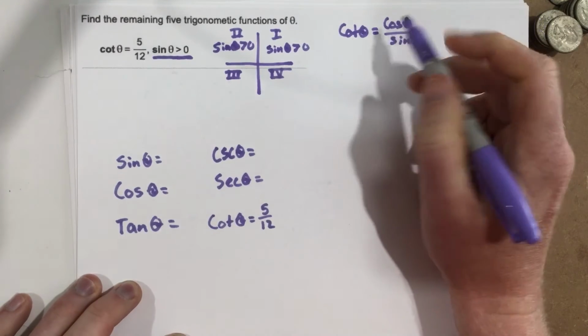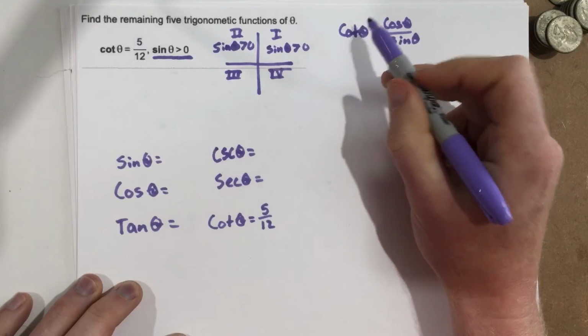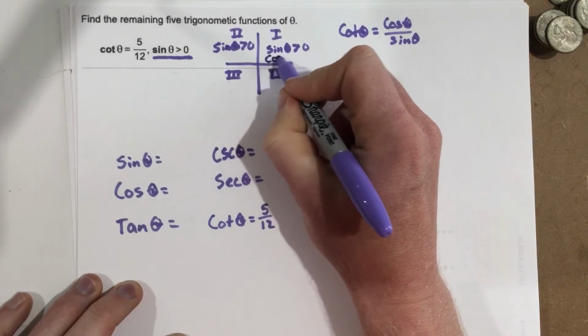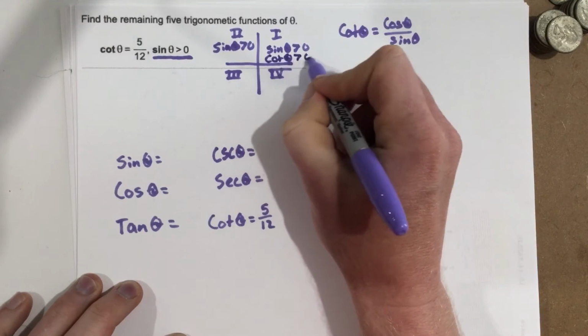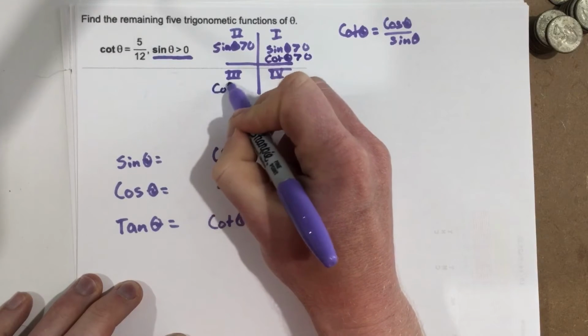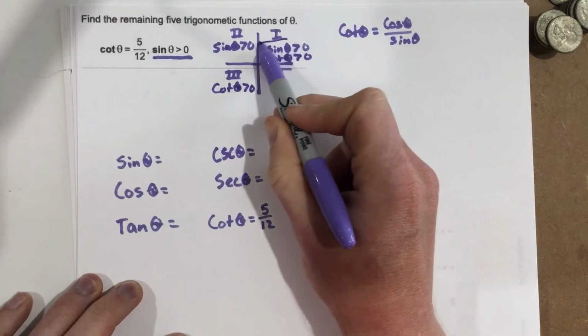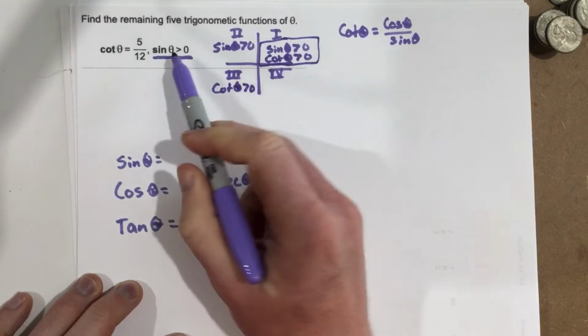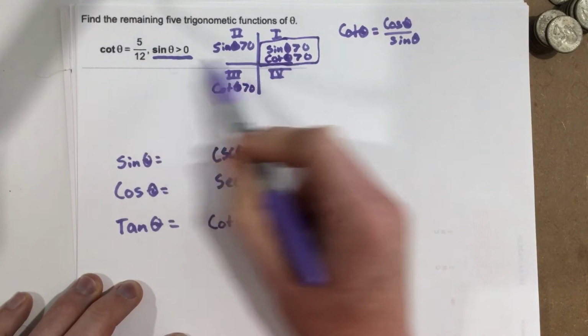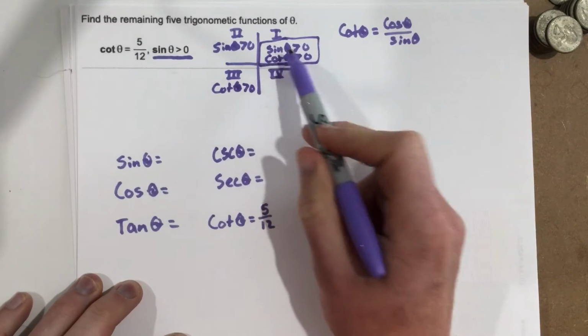Well, that means cotangent's only positive in quadrants 1 and 3. What do they share? They're sharing quadrant 1, because we know sine is greater than 0 and cotangent's greater than 0, so we must be in quadrant 1.